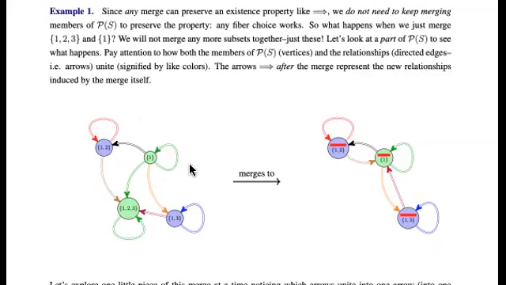Notice that this arrow right here and this arrow all merge into the same arrow here. You have an arrow from here to here, and an arrow from here to here, so in the merge these two guys are the same, and those arrows merge together.